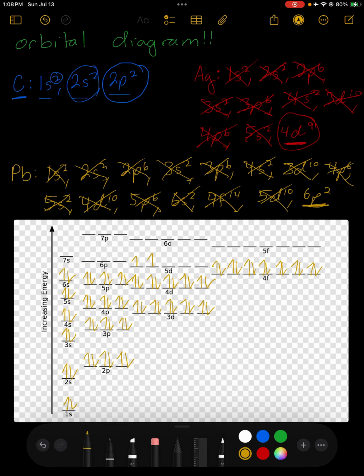Then 5d10, and finally 6p2, which is going to be our incomplete one.